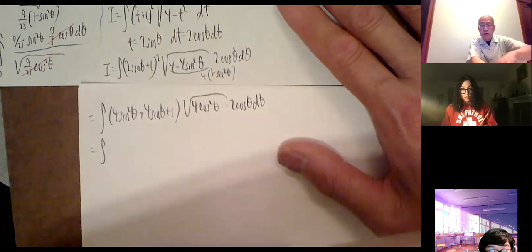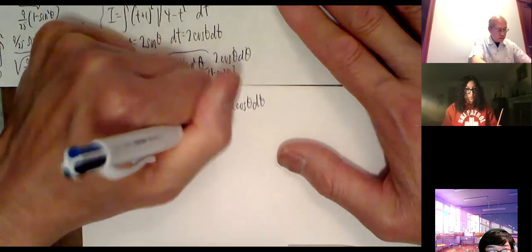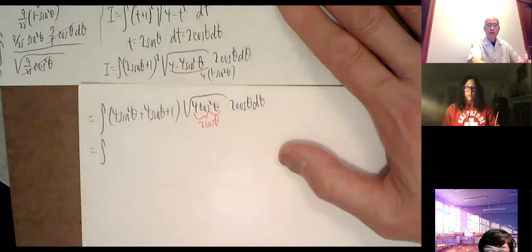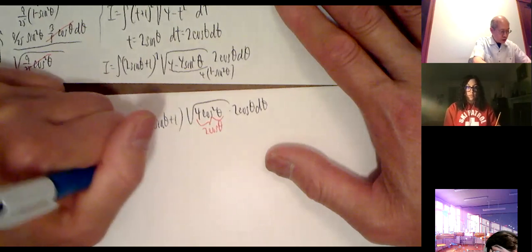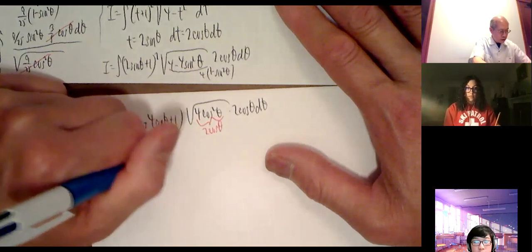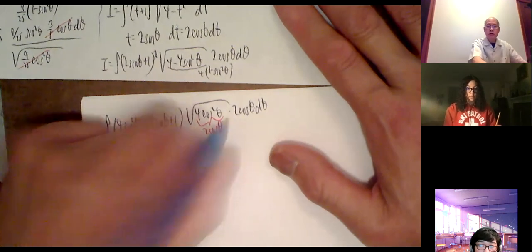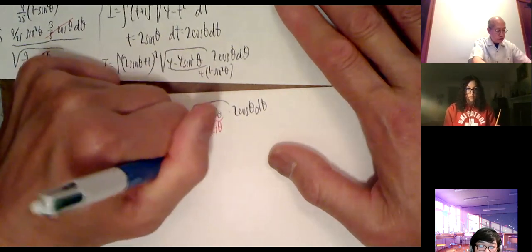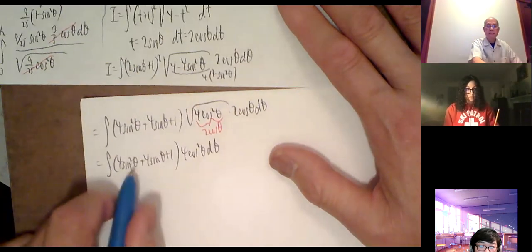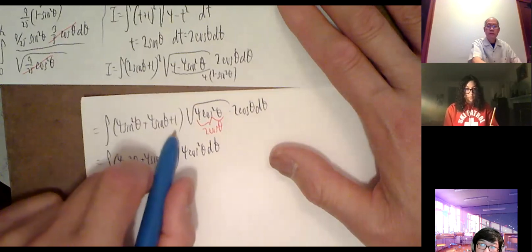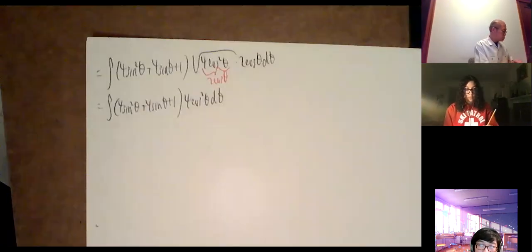This here is 2 cosine theta, right? 2 cosine theta. So 4 sine squared theta plus 4 sine theta plus 1. 2 cosine theta times another 2 cosine theta. So 4 cosine squared theta d theta. Okay, I'll use this.